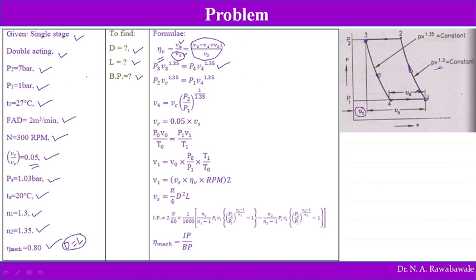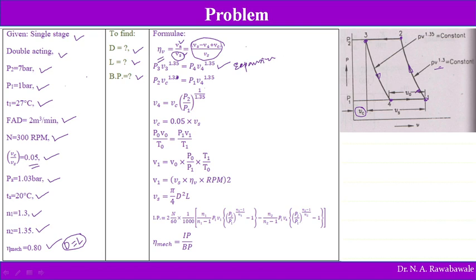This is the correlation for expansion. And for compression, P2V2 to the power of 1.3, not 1.35.